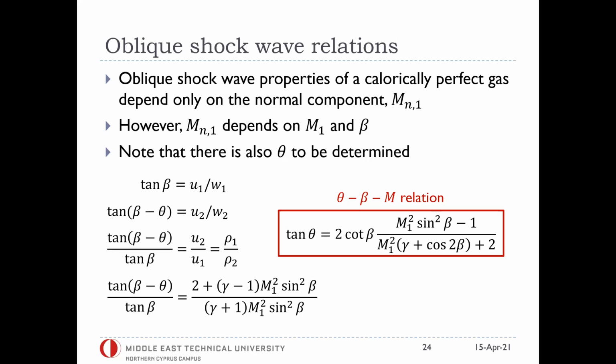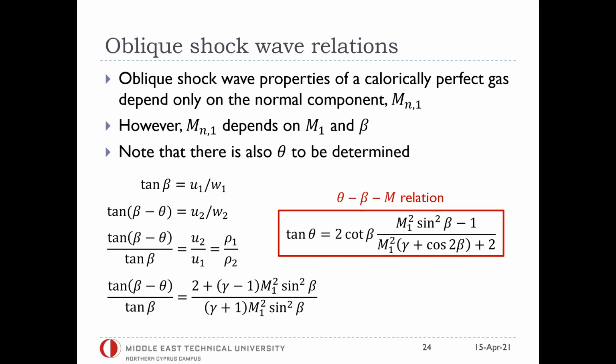So basically, just to summarize, what we do is we decompose the velocity vector into a normal component that is perpendicular to the shock wave, and a tangential component of the velocity vector to the shock wave.